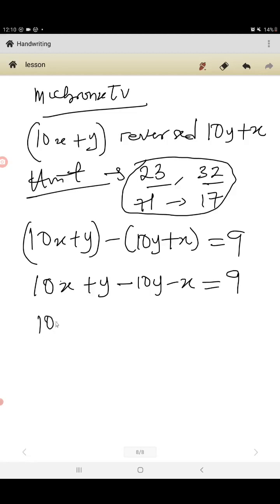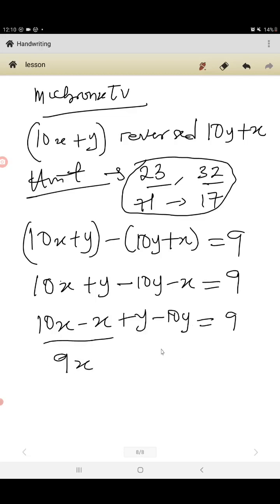We have 10x minus x plus y minus 10y is equal to 9. So 10x minus x will give you 9x, and y minus 10y will give you minus 9y. So 9x minus 9y is equal to 9.